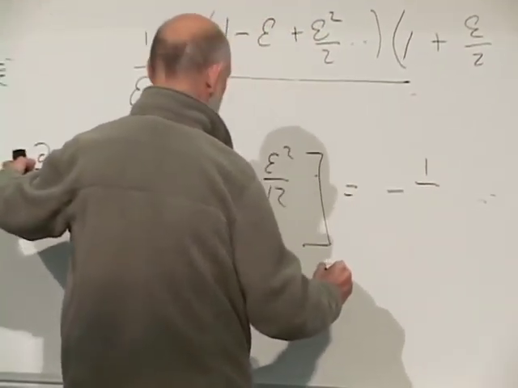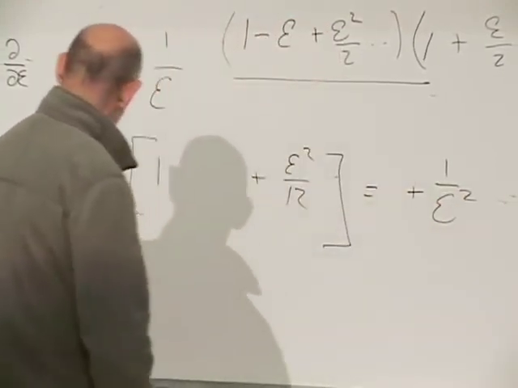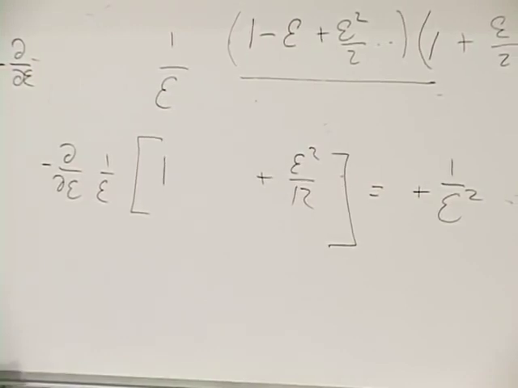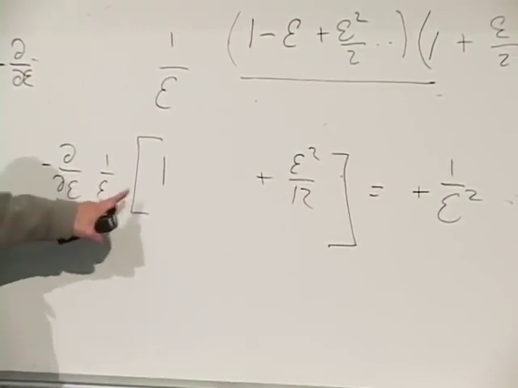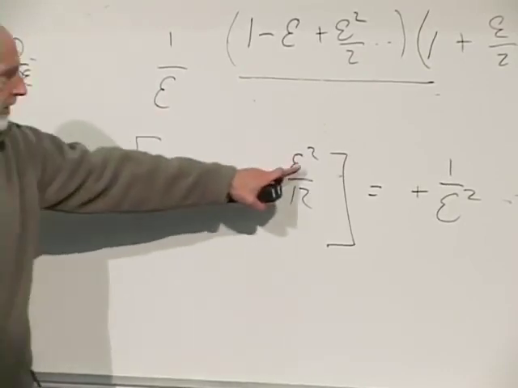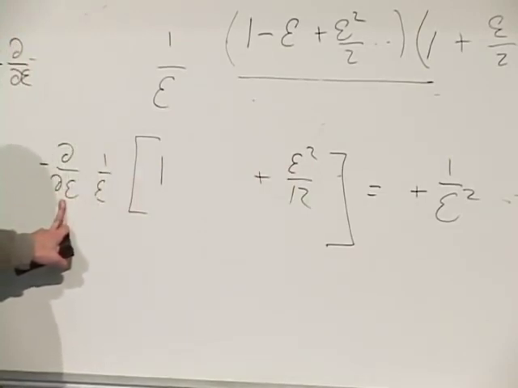Oh, and there's another minus sign here. So that's plus 1 over epsilon squared, I think. Yes. And then 1 over epsilon times epsilon, one of the epsilons cancels, and then you differentiate with respect to epsilon. What do you get? Minus 1/12.